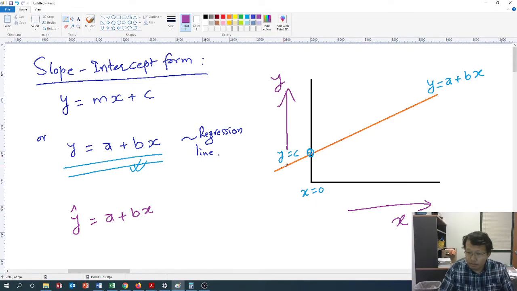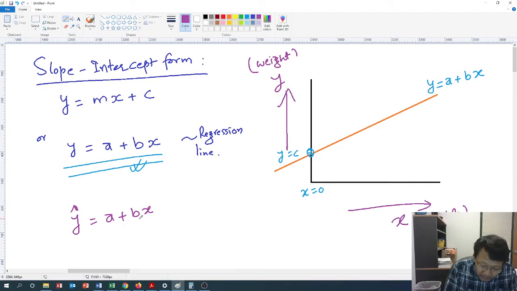Let's suppose x represents the height of the students in our class, and y is their corresponding weights. Then there could be some kind of correlation between them. And what is the correlation? And this y hat is assuming that this is approximate. Okay, it's not saying that it's perfect, it is just saying it is approximate.